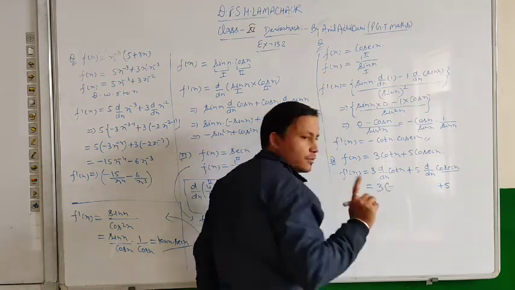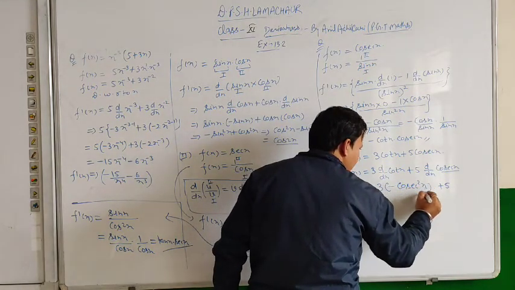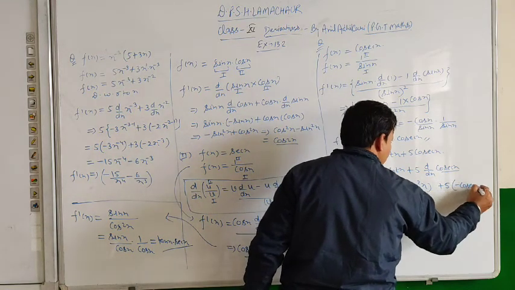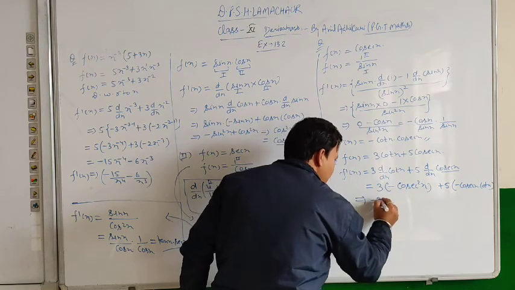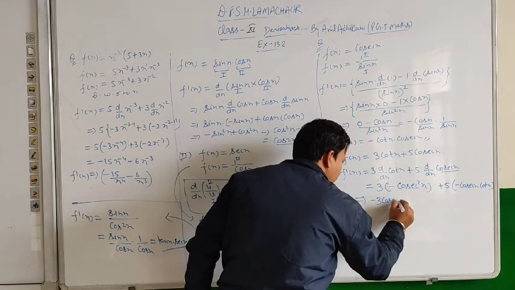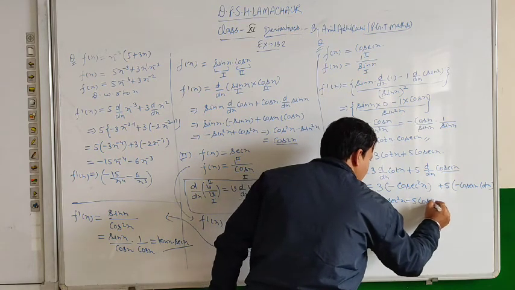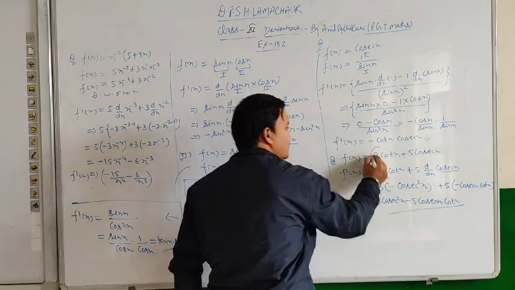Okay, the derivative of cot x is minus cosec square x, and the derivative of cosec x is minus cosec x cot x. So, this will be minus 3 times cosec square x and minus 5 times cosec x into cot x. This is the required derivative of this given function.